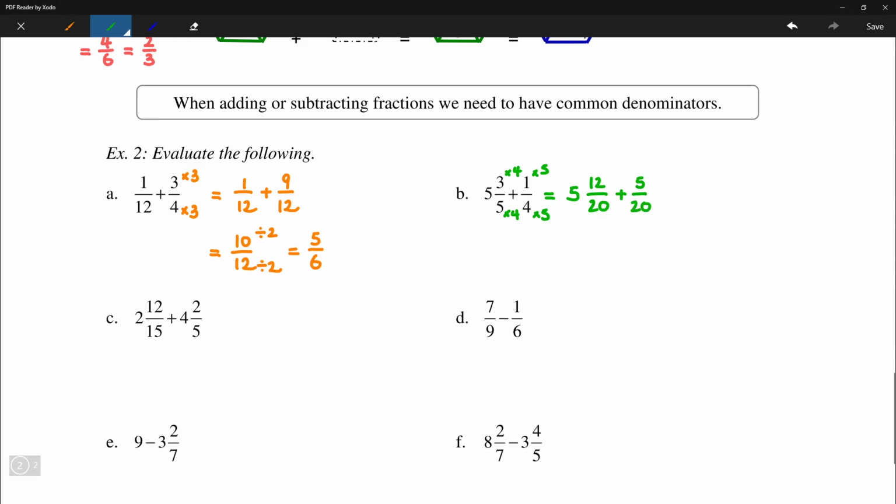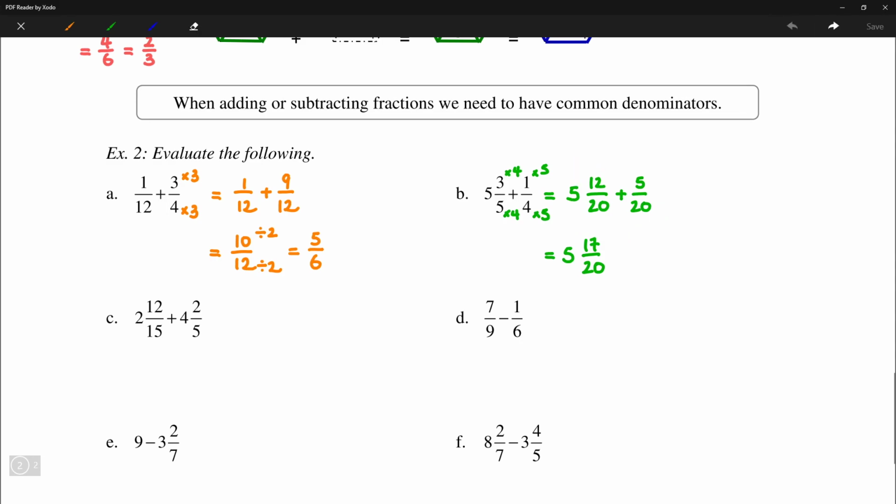And if we add them together, we have 5. And then 12 plus 5 is 17 over 20. Since this 5 here represents 5 ones, after we add, it's still going to be the same 5. The fraction part is the second part here, 12 over 20 plus 5 over 20, which is 17 over 20.